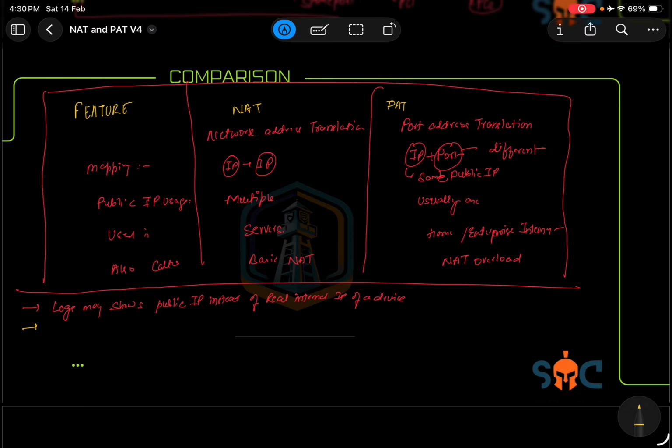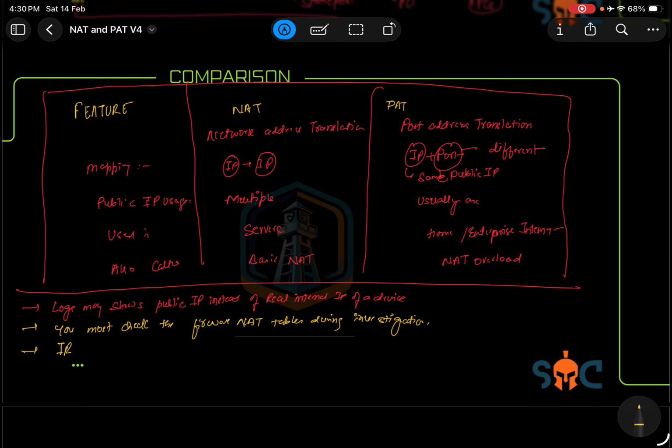Second, you must check the firewall NAT tables during investigation of any incidents, or whenever you are checking any logs.